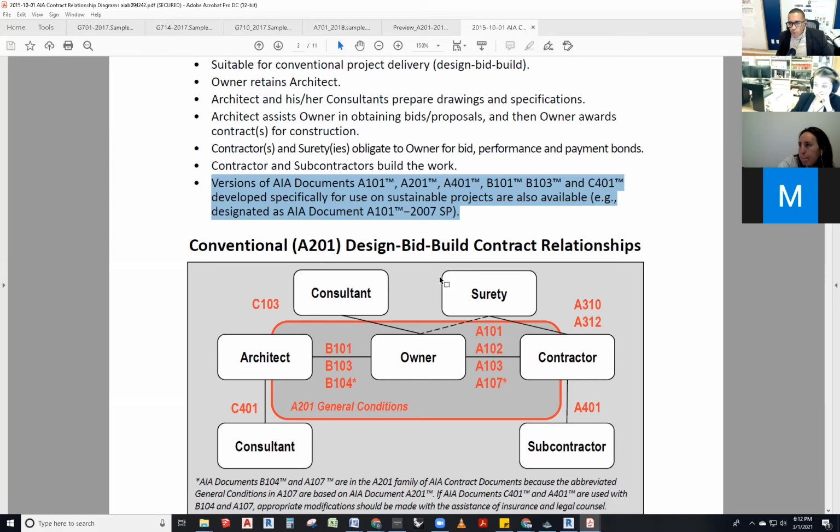It's the general rules by which the game of construction is to be played, if you want to call it that way. It's referenced on the B101, the A101, and the C401, but it's not in itself a contract.